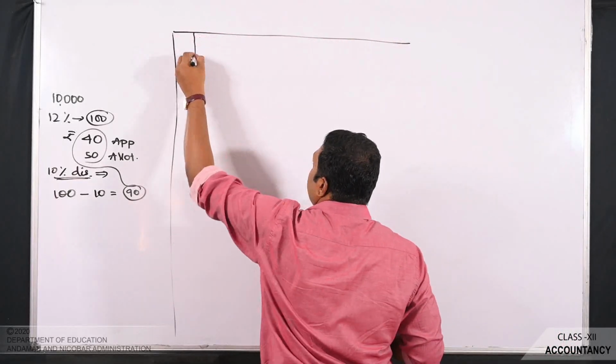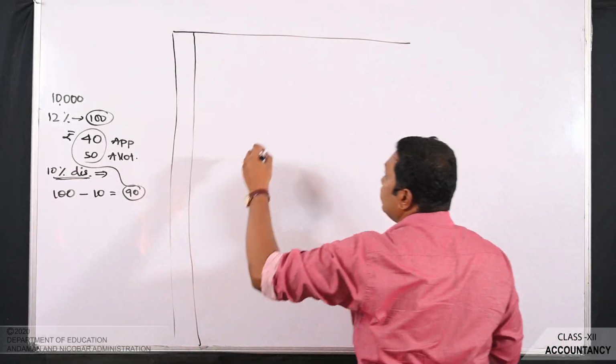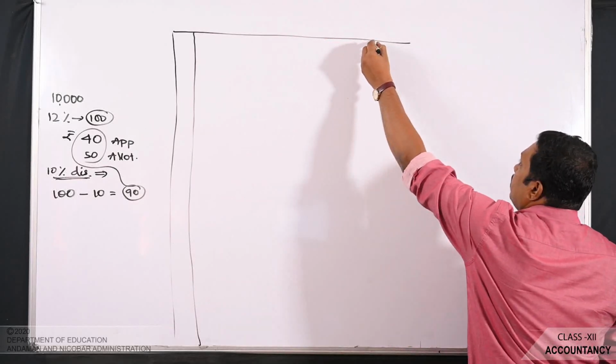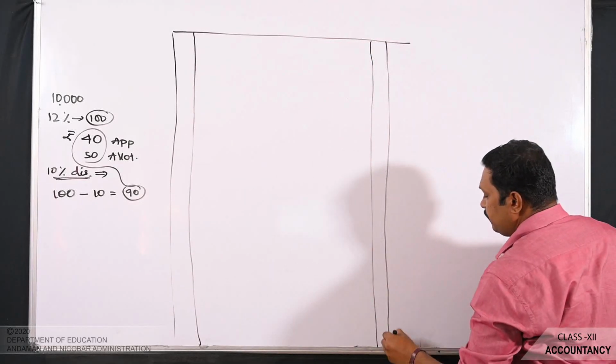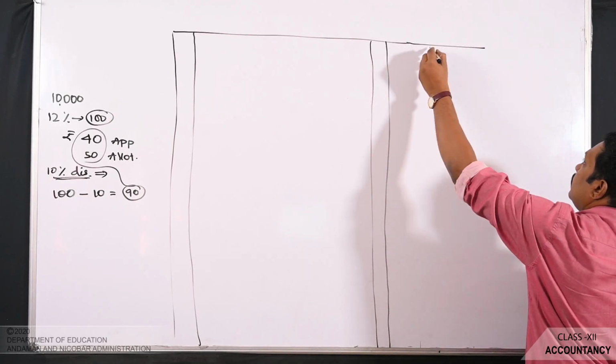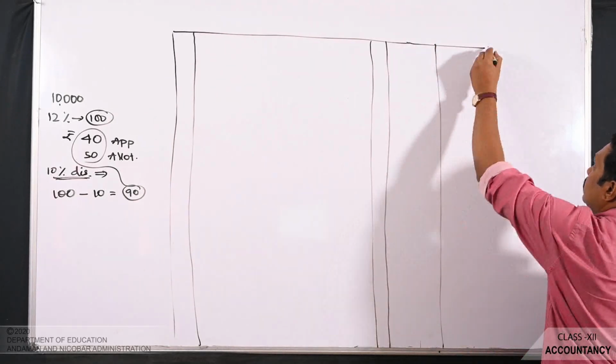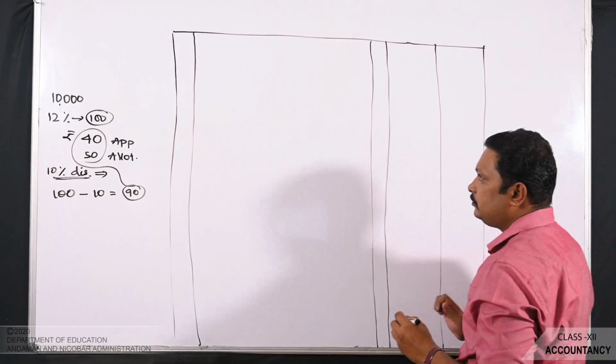This is date, particulars, ledger folio, debit amount, credit amount, right?